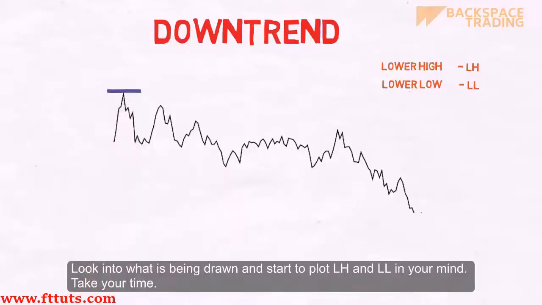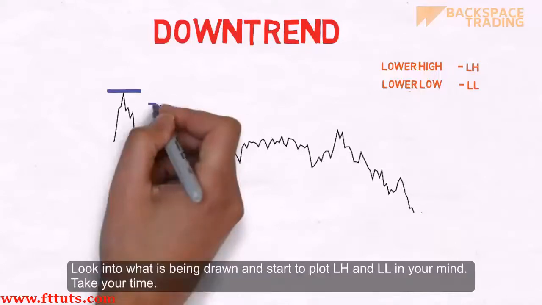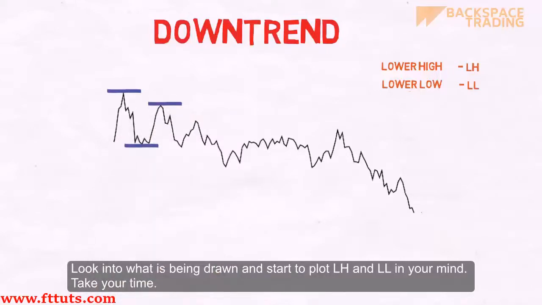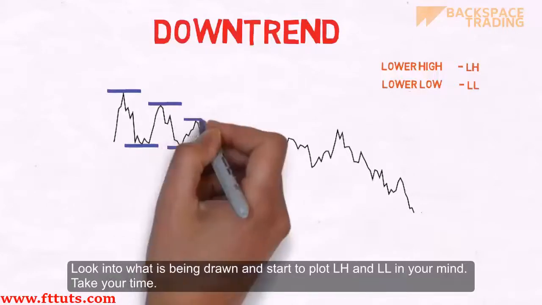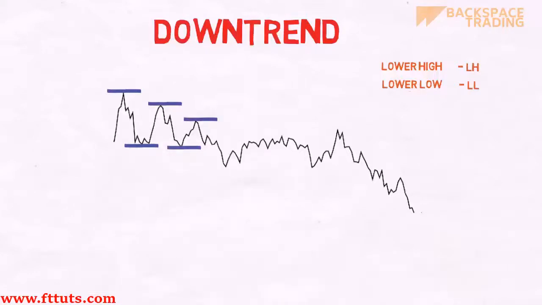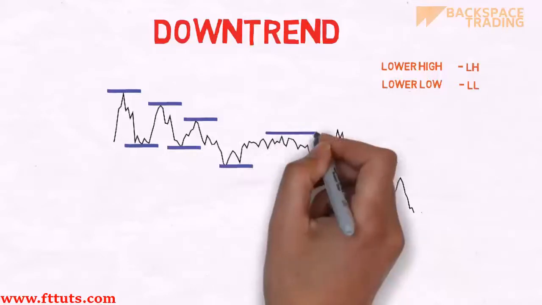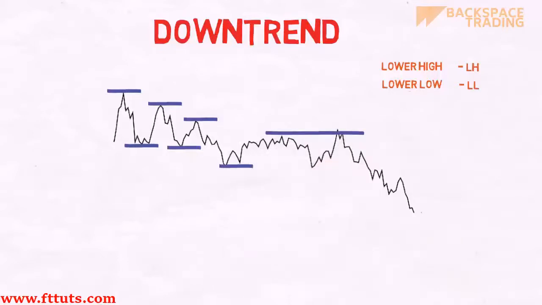Look into what is being drawn and start to plot LH and LL in your mind, okay? Take your time. All these dashes that have been drawn are just for your reference, but try to plot LH and LL inside your mind. I can give you like 10 seconds.